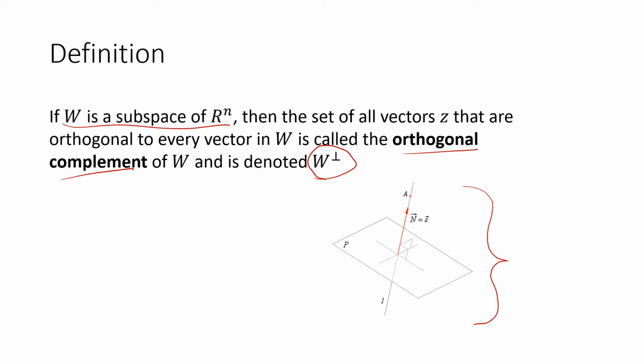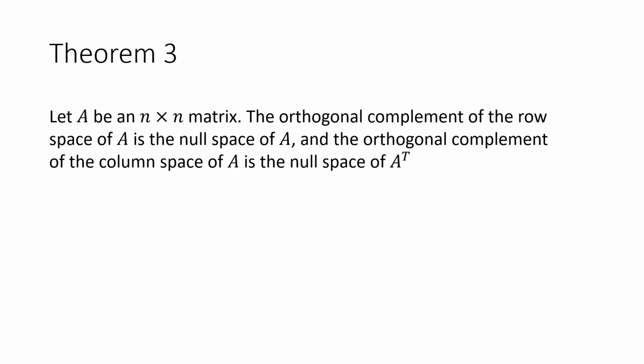But there's something funny that happens with this in terms of some of the things we've already seen. And this leads us to Theorem 3. We have seen null spaces, row spaces, and column spaces, and we've seen some of the connections between them, but in terms of sizes. We've seen that the dimension of the column space plus the dimension of the null space equals the number of columns.